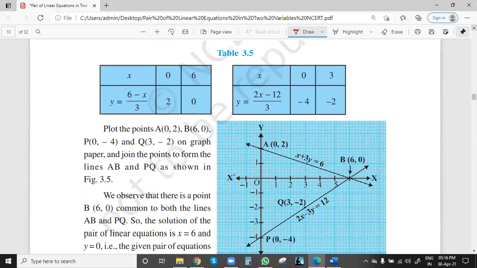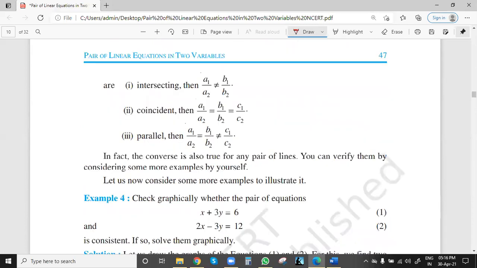These three conditions we have seen many times: if a1 by a2 not equal to b1 by b2, the lines are intersecting, with a unique solution. Intersecting lines will intersect at a point, and coincident lines will coincide with each other, meaning both lines will overlap on each other.